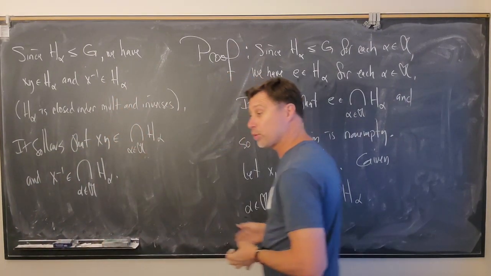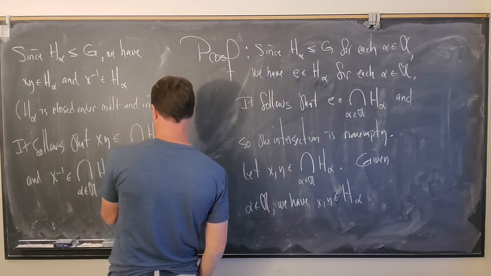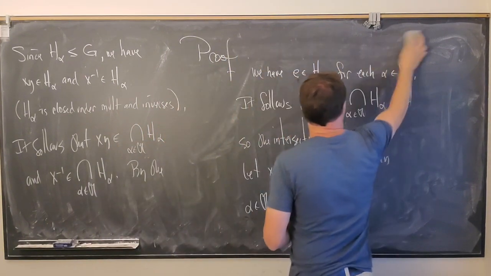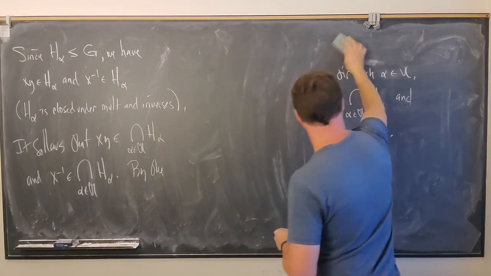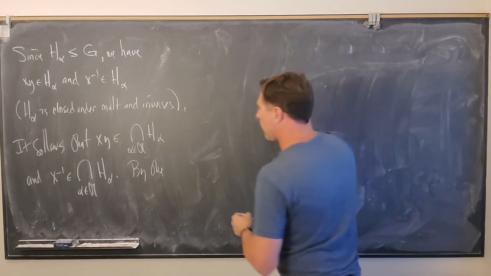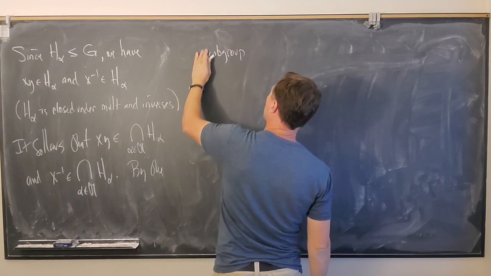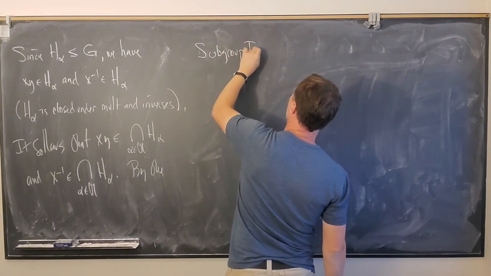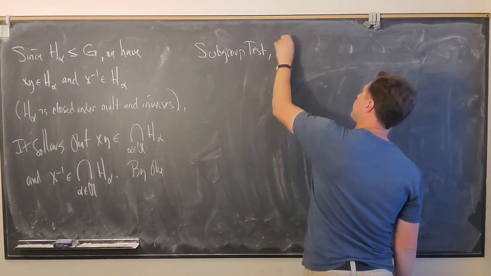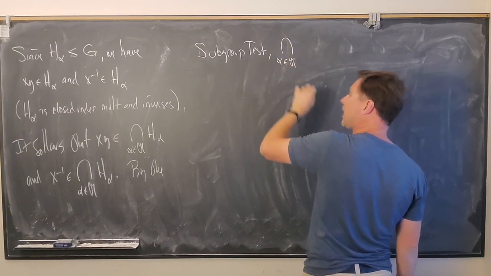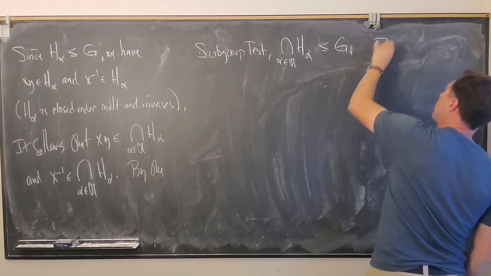That completes the proof, because we just applied the subgroup test. So by the subgroup test, the intersection over alpha in script A of H sub alpha is a subgroup of G. So that's the end of the proof.